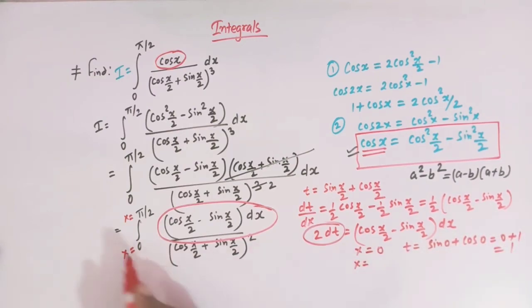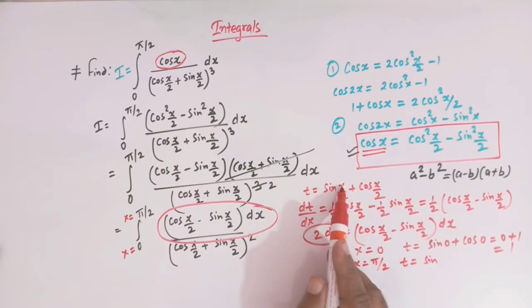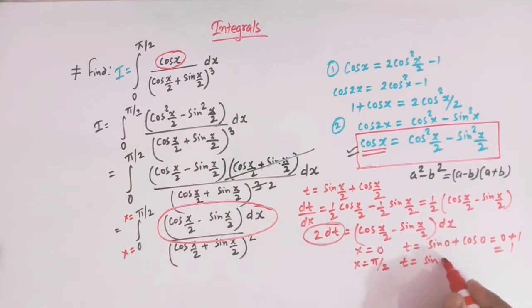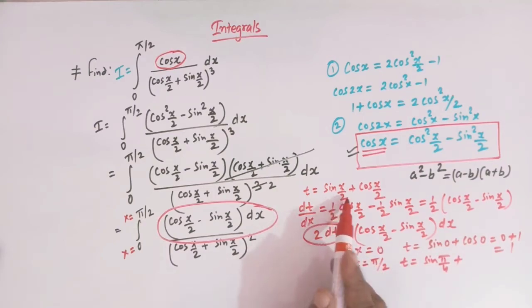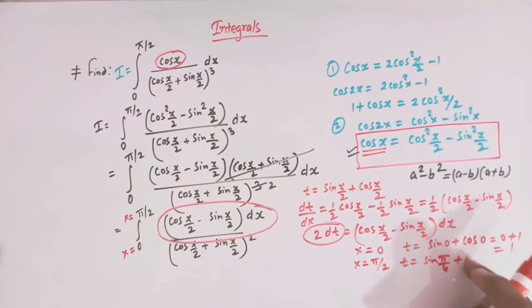And when x is pi by 2, we have t is equal to sine, here we'll take x is equal to pi by 2, so this is pi by 4, since pi by 2 is multiplied in the denominator by 2, and here we have cos pi by 4, right? And sine pi by 4 is 1 over root 2, and this is 1 over root 2.